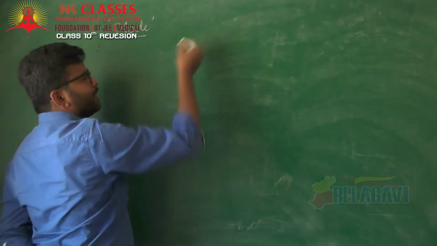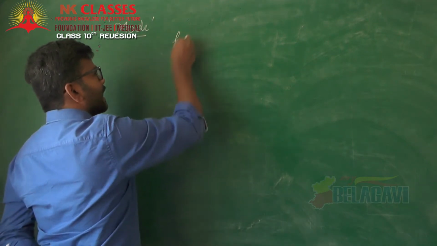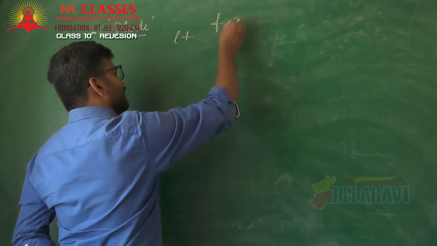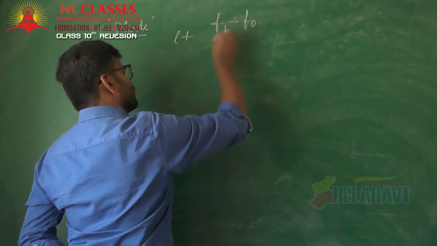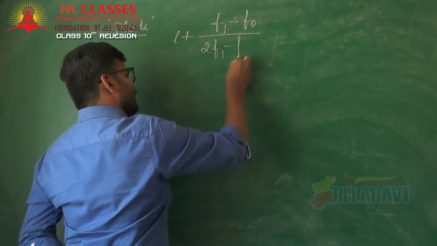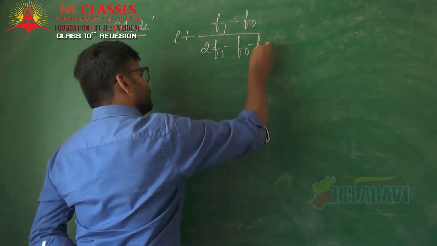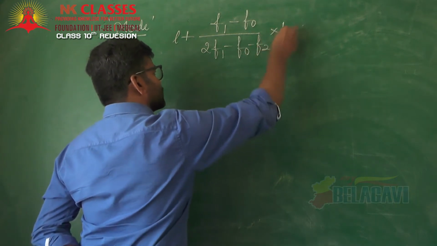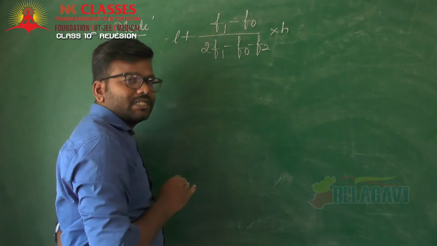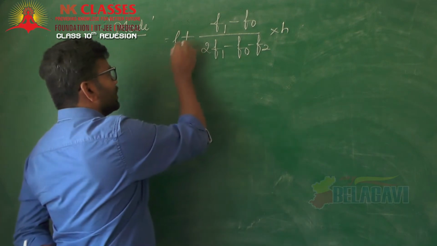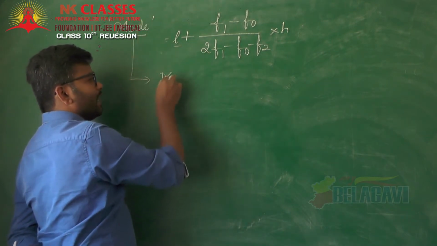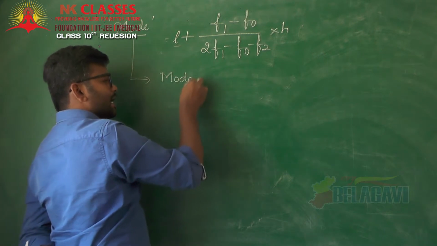So the mode of grouped data is given by L plus F1 minus F0 by 2F1 minus F0 minus F2 into H. Not only the formula, the terminology is also important over here. What is L? To calculate the mode, first we should identify the modal class.